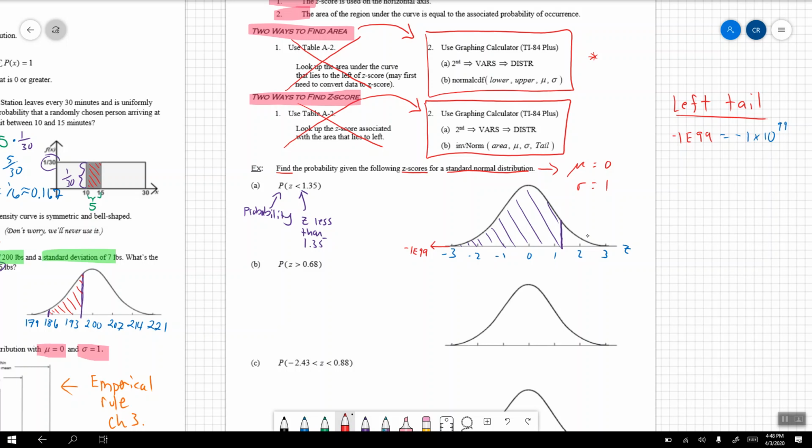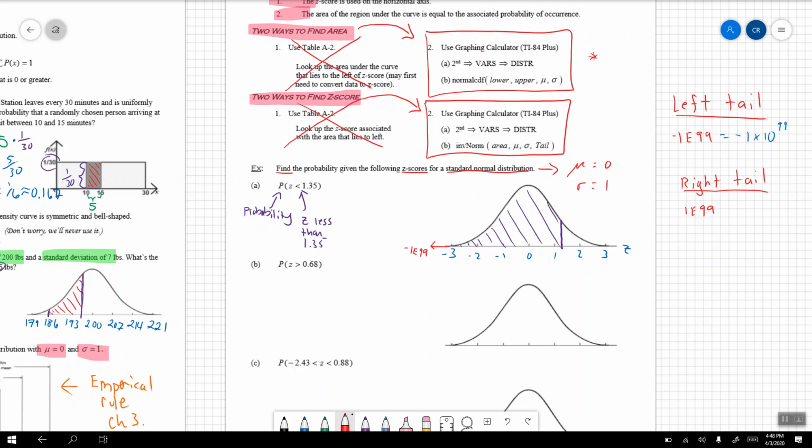If the area extended to the right and encompassed the right tail, then we use the same number, except we make it positive. These are the two numbers you always have to have embedded in your mind whenever you're dealing with probability under a curve.